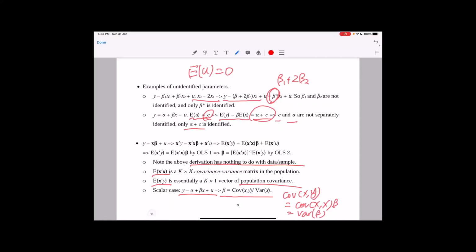And covariance of x and alpha is 0, covariance of x and u is also 0. So covariance xy equals variance x times beta, so beta is covariance xy over variance x. And more generally, beta is the inverse of the covariance variance matrix times the population covariance between x and y.